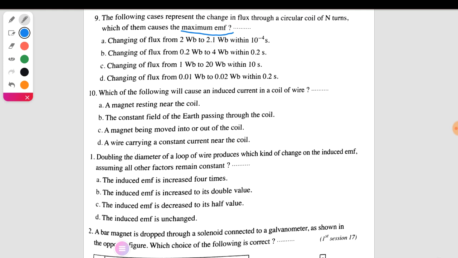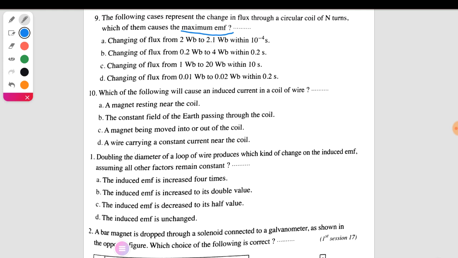Changing the flux from 2 Weber to 2.1 Weber within 10 power negative 4 seconds. Changing flux from 0.2 Weber to 4 Weber within 0.2 seconds. Changing flux from 1 Weber to 20 Weber within 10 seconds.